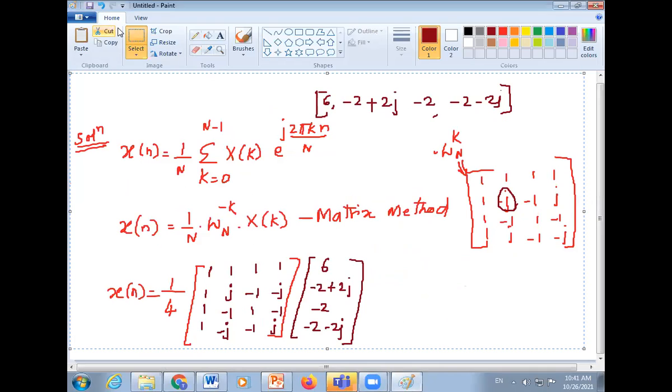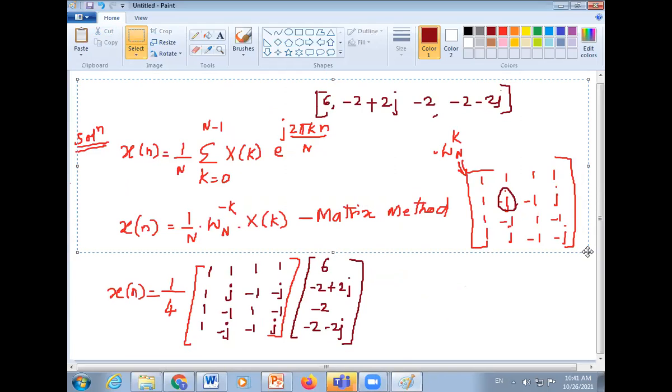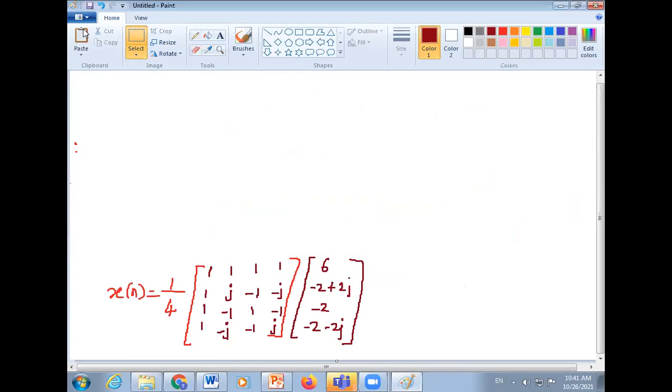So now let us simplify that. Here I will write x of n as 1/4 times the matrix, and the 1/4 will remain as it is. Now, we first multiply the first row with the column.